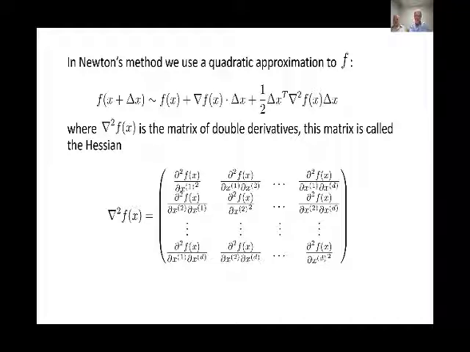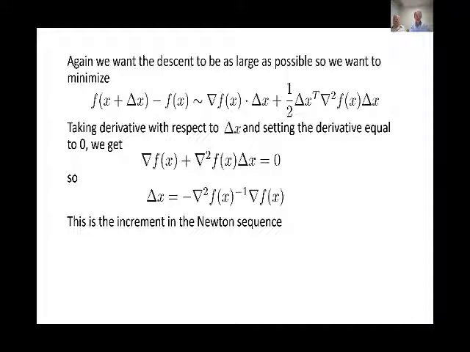If we use that, again I'm not going to go through the math, we get a particular delta x that we should use in our descent sequence. Take the inverse matrix of the Hessian, multiply that onto the gradient, and take the negative of that. That is your delta x, and that's what we use in the Newton sequence.